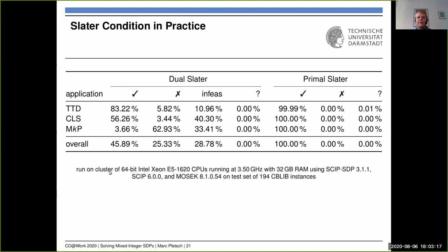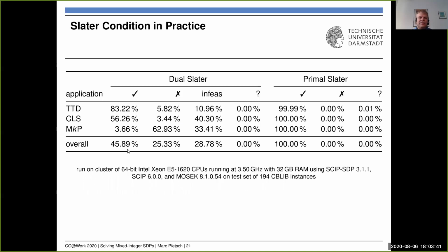So this is this first column here. The second column says if it's not fulfilled, and then there's a certain percentage where the corresponding SDP is infeasible, and there's a certain number of cases where we don't know. So the solver does not say whether it's feasible or infeasible.